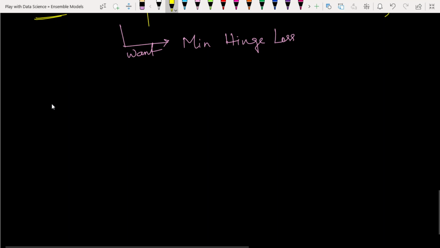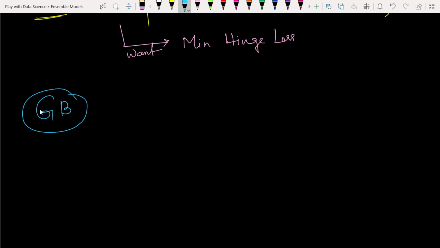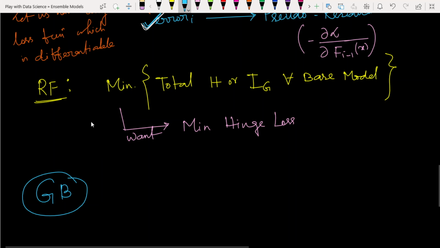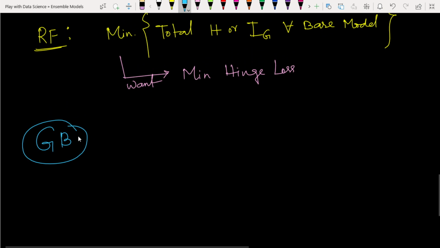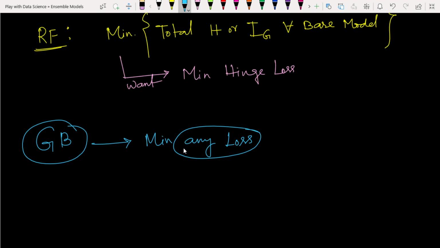So in a simple random forest decision tree, we cannot minimize the hinge loss. But in gradient boost decision trees, we can easily minimize any loss function, because any such loss function will be differentiable.